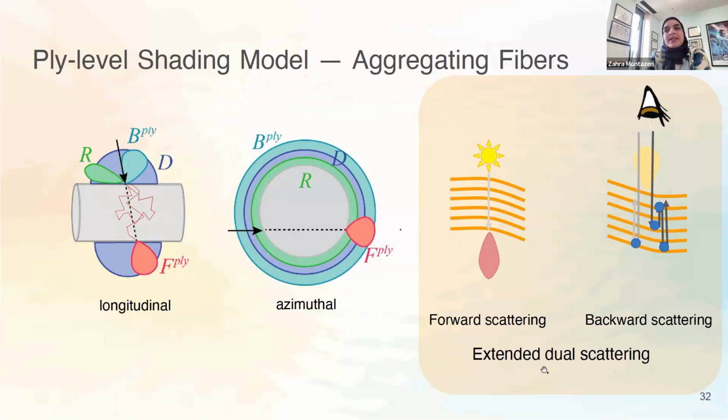We call it extended dual scattering because we have some improvement to it. Dual scattering was a technique before that was useful for subsurface scattering. We basically came up with an updated version where we can do the forward and backward scattering and approximate it that way.